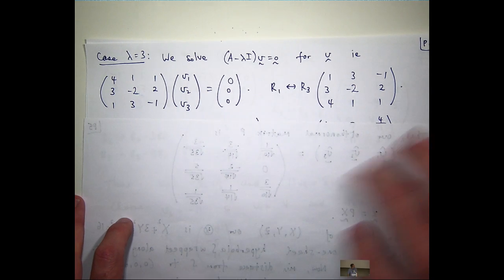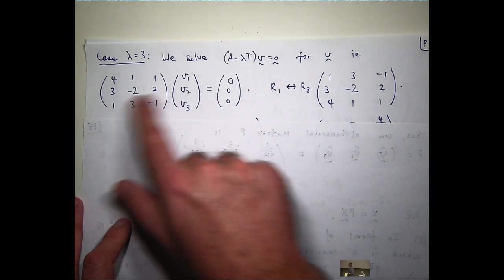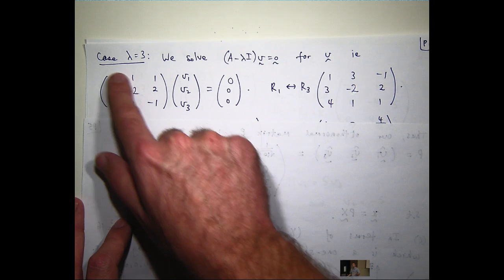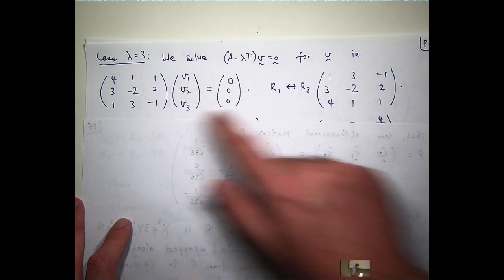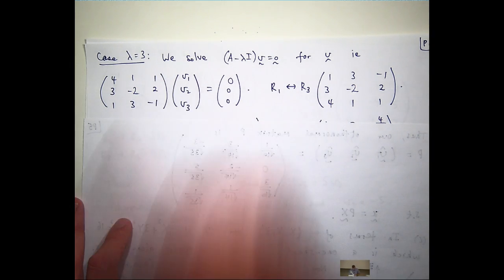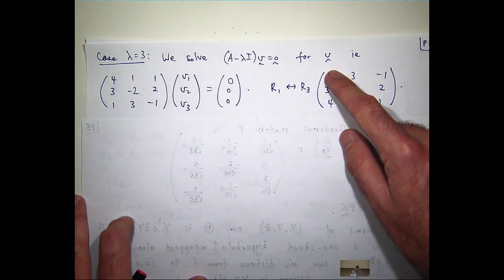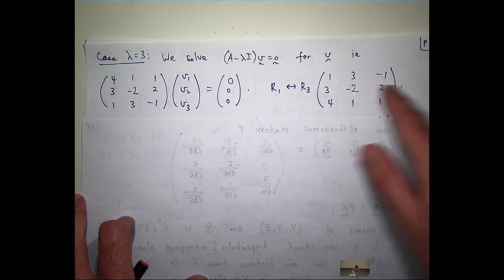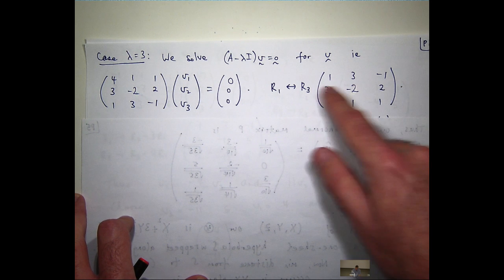Now, again, this looks slightly more complicated. So what I've done is I've changed that 4 to a 1 just by swapping rows 3 and 1. So we get a 1 up there. And then I'm going to take away multiples of row 1 from the second and the third row.